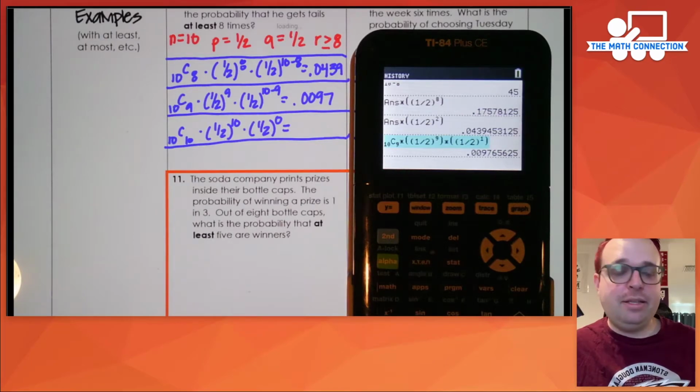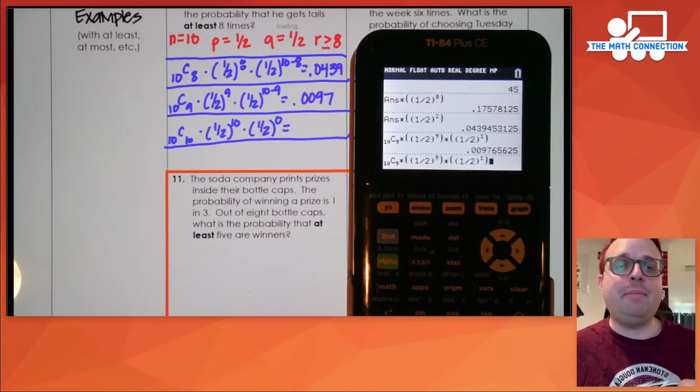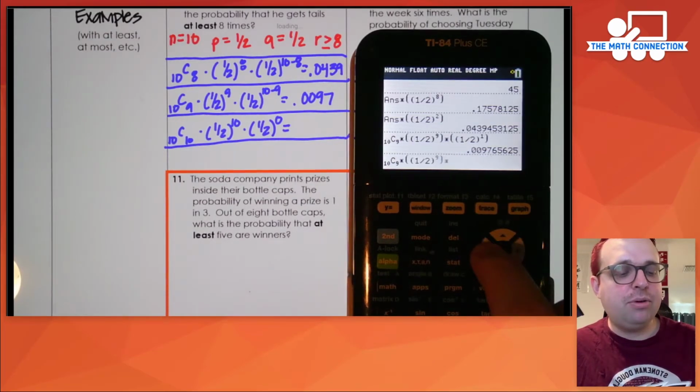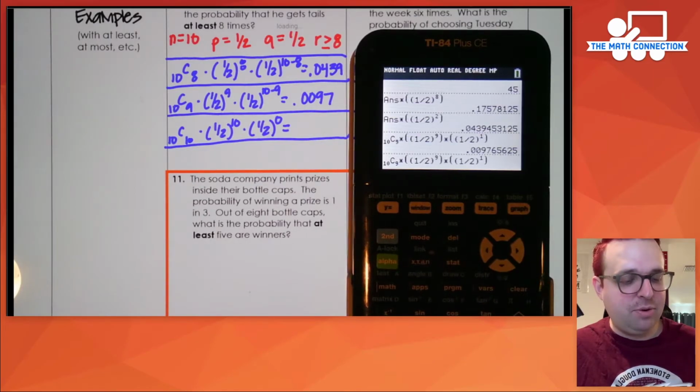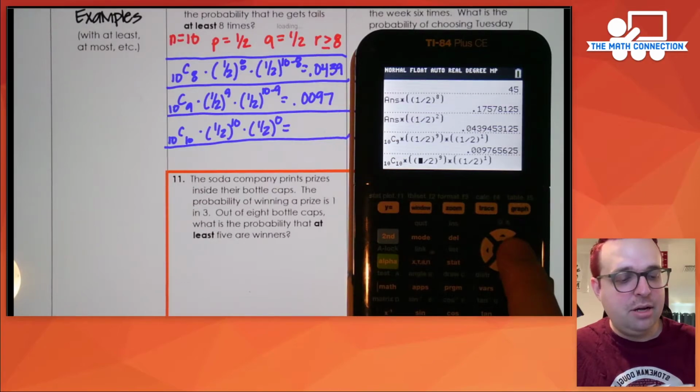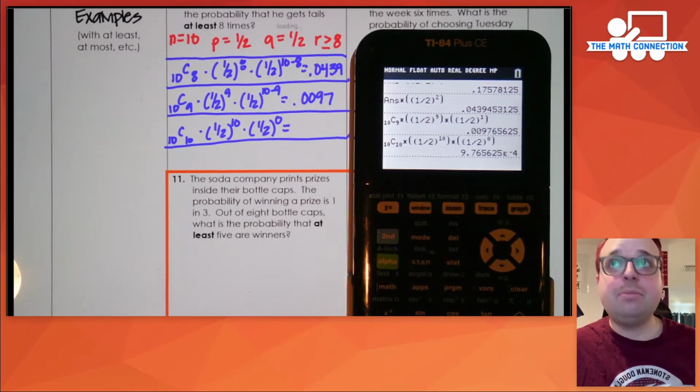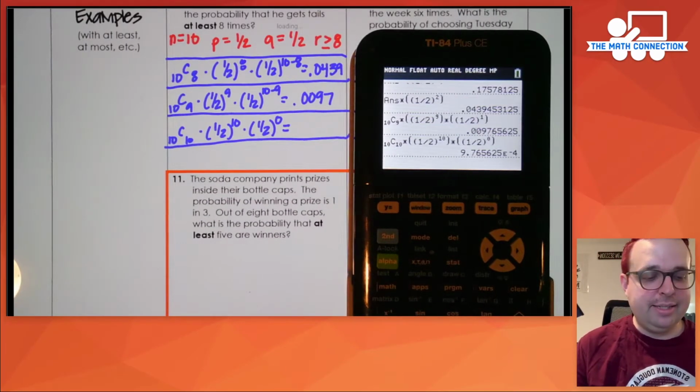There's an enter key at the bottom right corner, and it will copy and paste everything that you put in last time. Then you can just change the numbers. So my next one is 10, 10, and this is the power of 10, and this is the power of 0. And there's my crazy, ridiculous decimal.